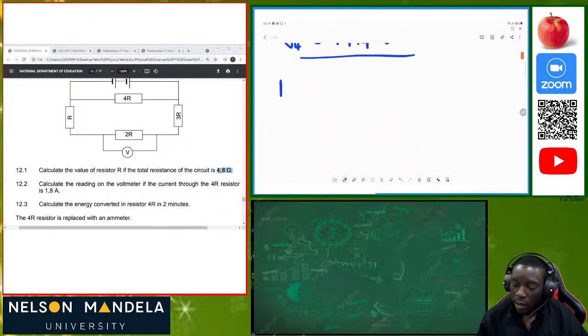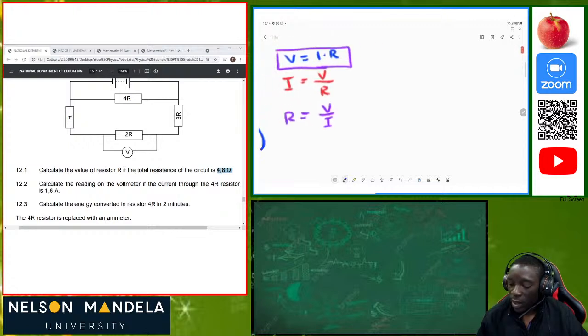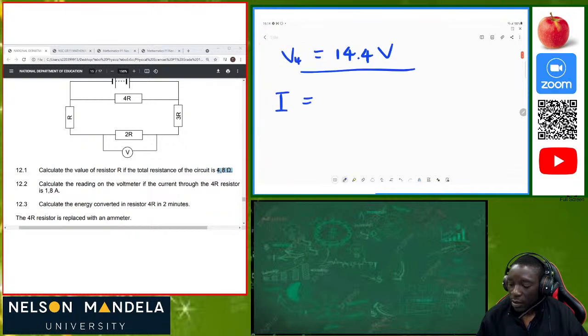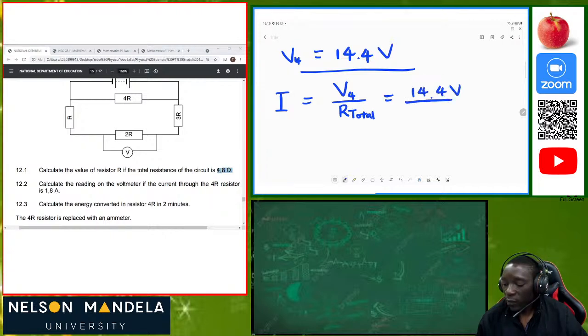So I, there's our formula. I is V over R. I equals V, which is from the supply, which is equivalent also to V4, over the total resistance, which is therefore equal to 14.4 volts over 4.8 ohms.